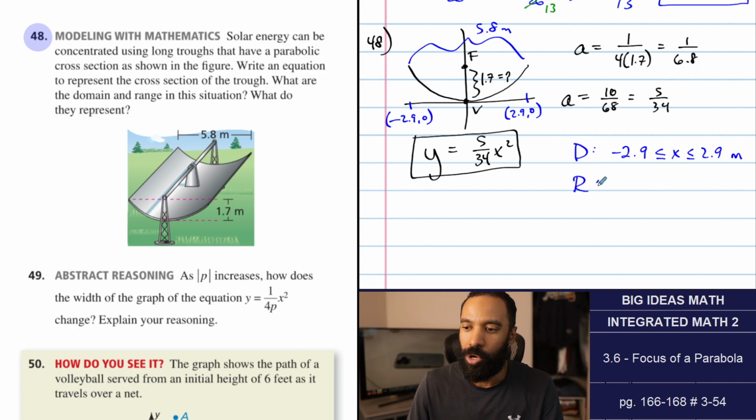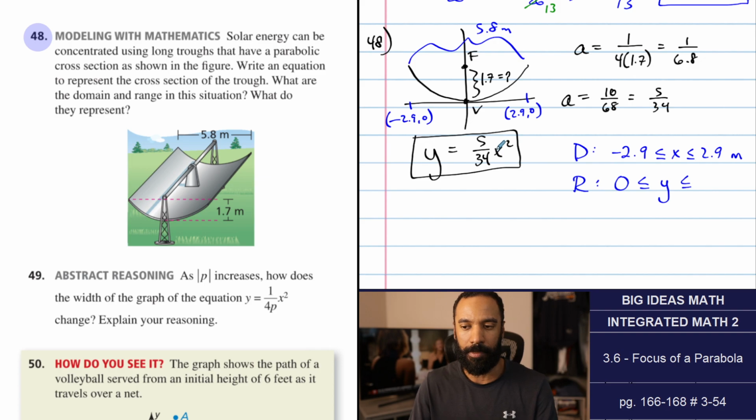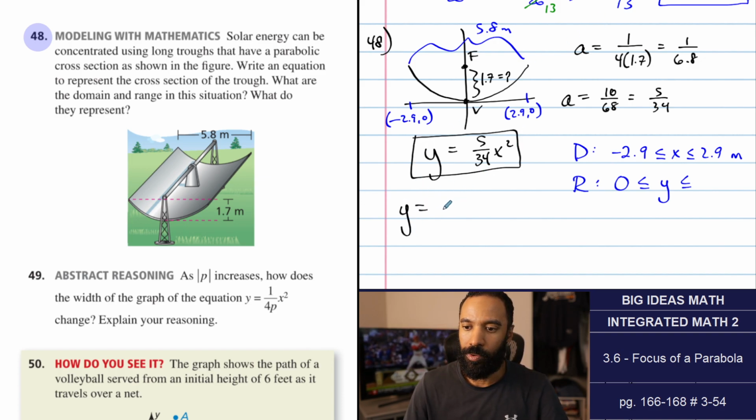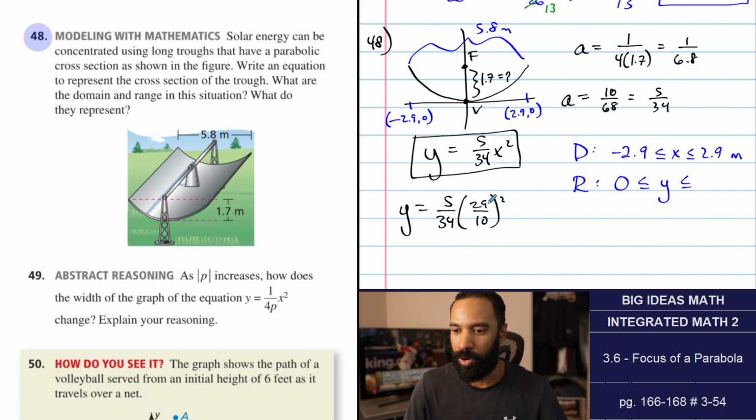The range, we have to figure out, it's from 0 on y all the way to the top of the trough, and we have to do that by substituting, say, 2.9 or negative 2.9 in for x to solve for y. So y equals, and I'm going to try some stuff without a calculator, 2.9 is 29 tenths, and I'm going to go ahead and square that.